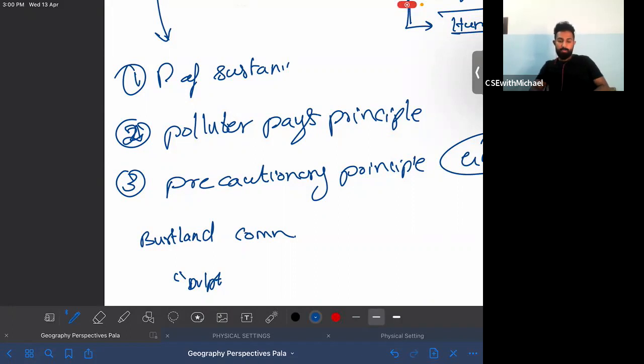Now, the next one is the participation principle. Human rights include the rights of individual citizens and groups to participate in shaping the decisions and policies that affect them.